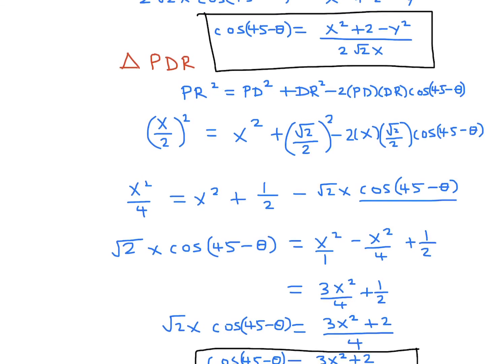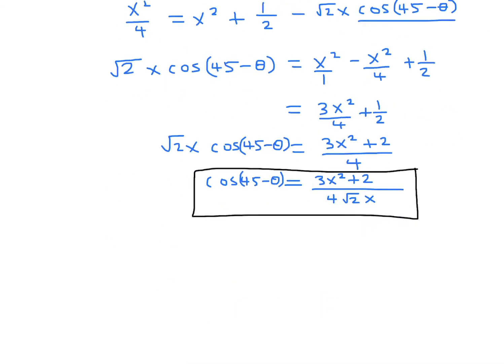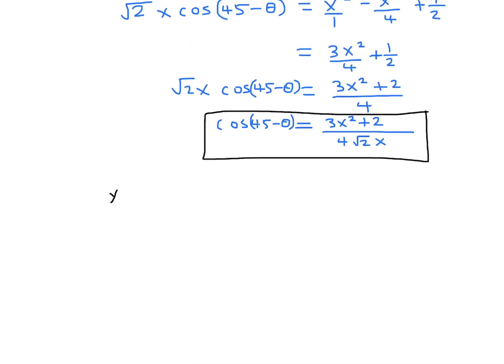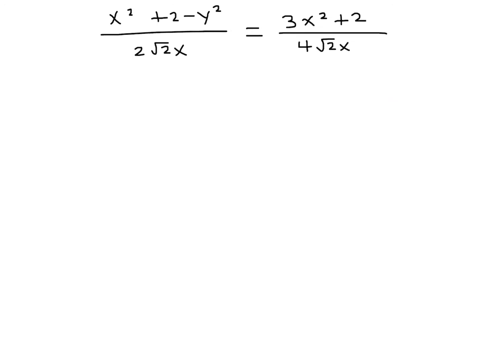So the first one was x squared plus 2 minus y squared over 2 root 2x. And that is the same as this guy, because that's also equal to cos 45 minus theta. So 3x squared plus 2 over 4 root 2x. All right, move it all the way to the top. Finally, we get a full screen.